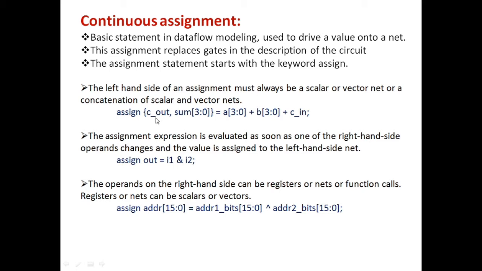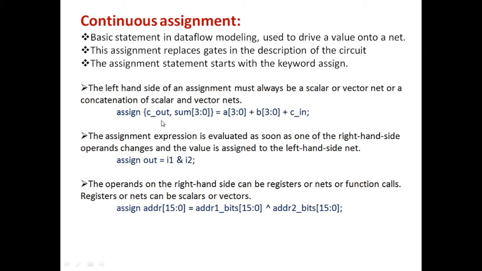So Cout is what? It is a scalar. Sum 3 down to 0 is a vector. So it must always be a scalar or vector or a concatenation of scalar and vector. That means I am clubbing a scalar and vector. But the left hand side should definitely be of net or wire data type. So assign Cout comma sum 3 down to 0 equal to a 3 down to 0 plus b 3 down to 0 plus cin.